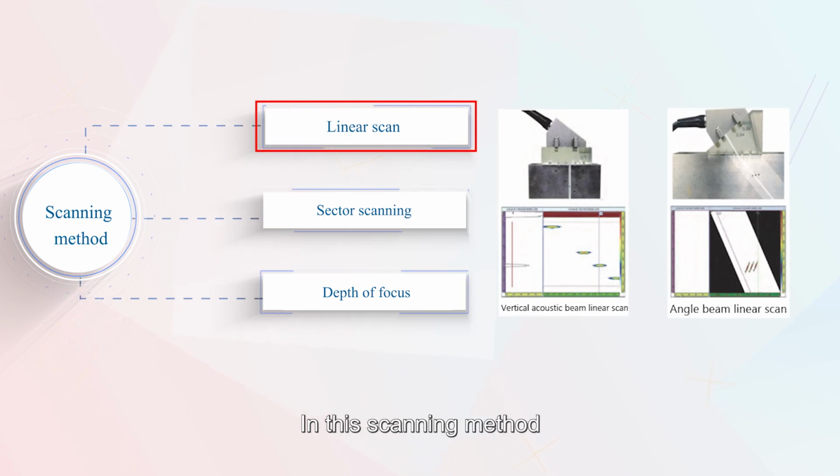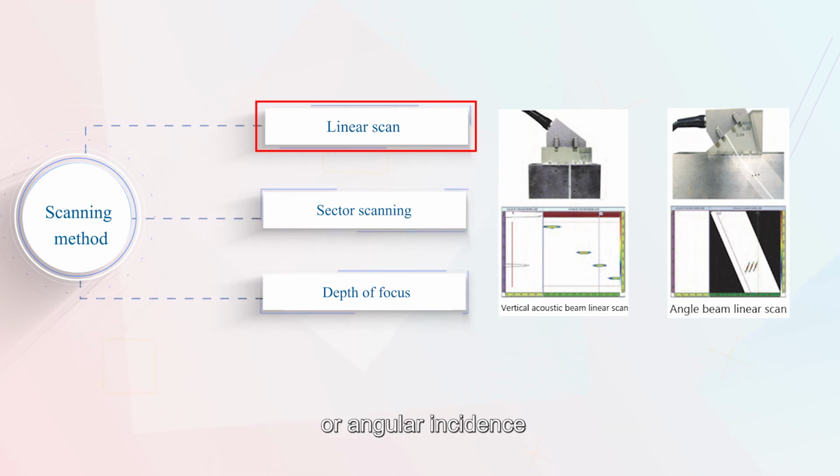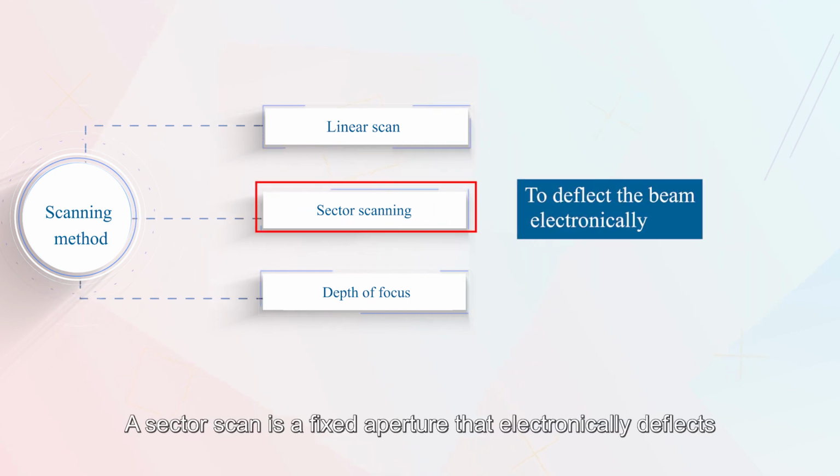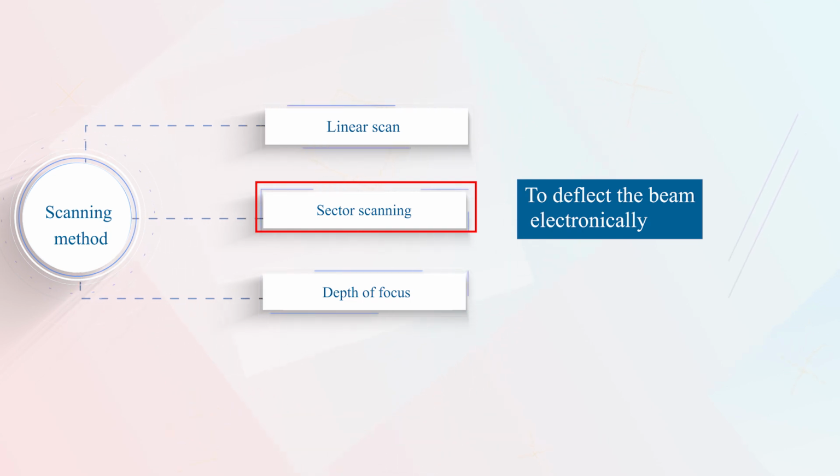In this scanning method, the ultrasonic signal can be of vertical incidence or angular incidence. A sector scan is a fixed aperture that electronically deflects the sound beam at different angles in sequence.